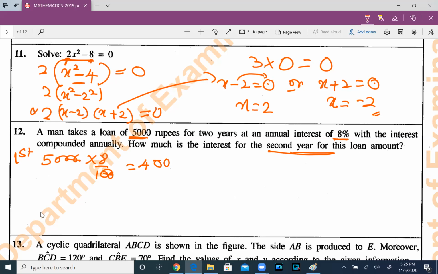So next year, when they calculate the interest for the second year, they will calculate it on that 5,400. So the interest is 5,400 times 8 over 100.